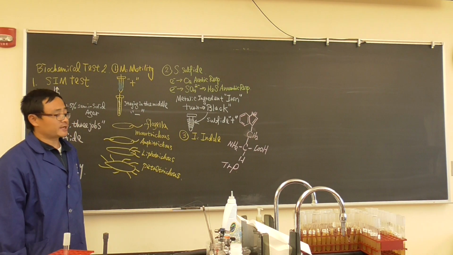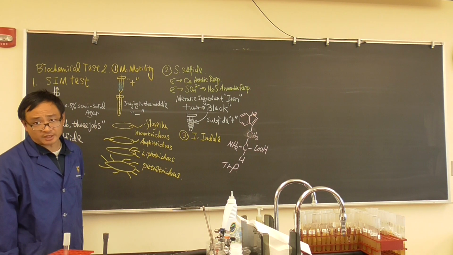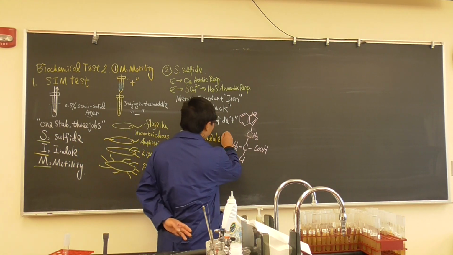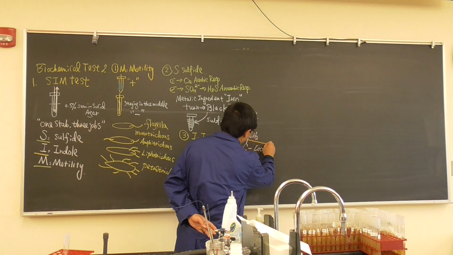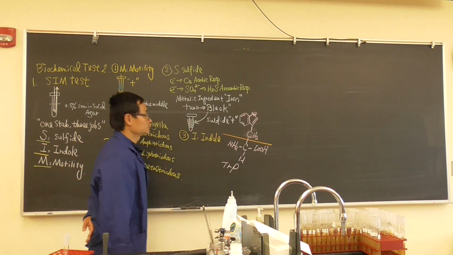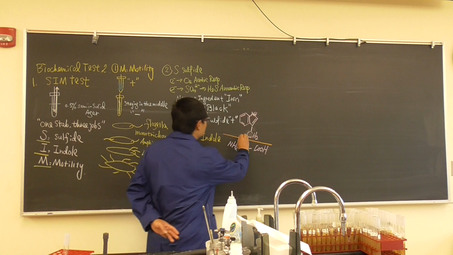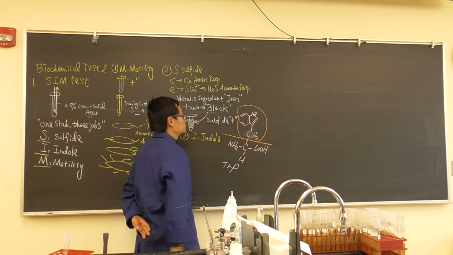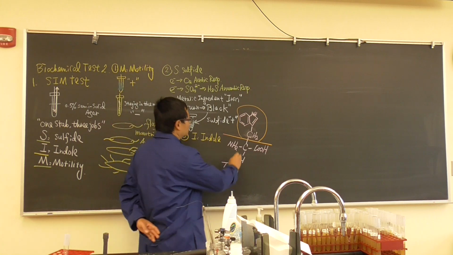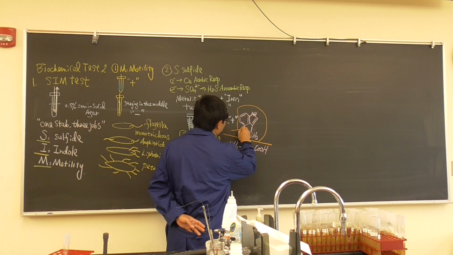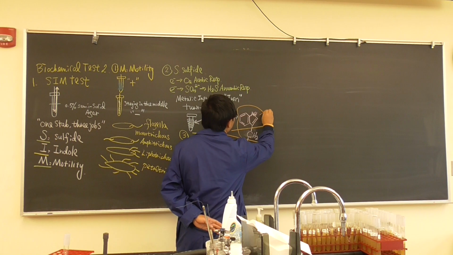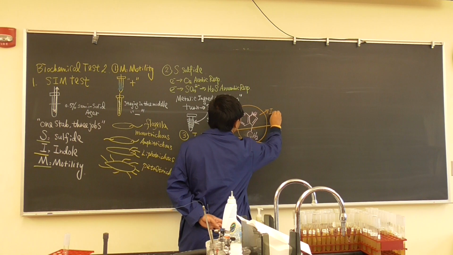Now, some of the bacteria can use amino acid as an energy resource, not like glucose. They can use amino acid. What do they do? They will break down right here, then generate this big chunk of stuff. Accurately speaking, it should be this area. This area, okay? This is indole.